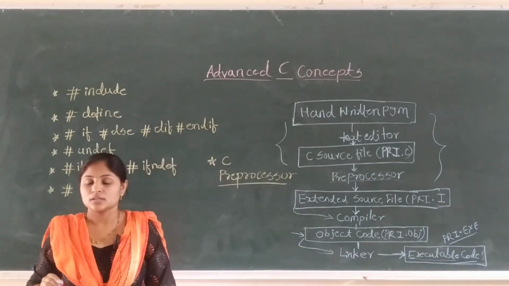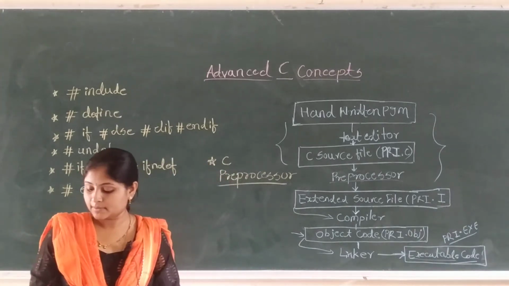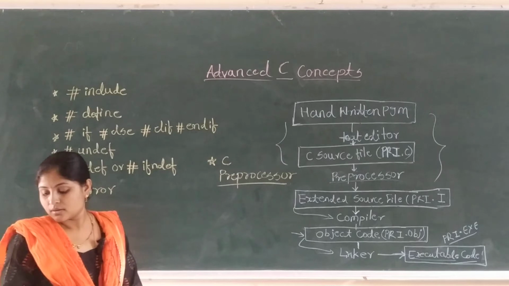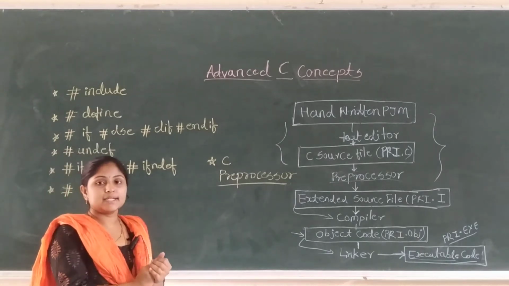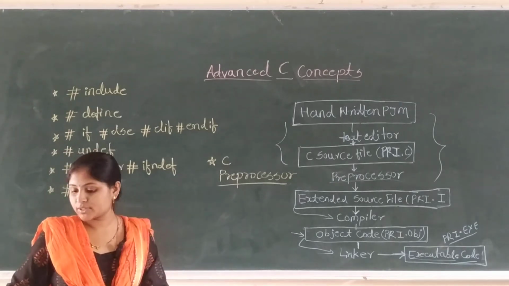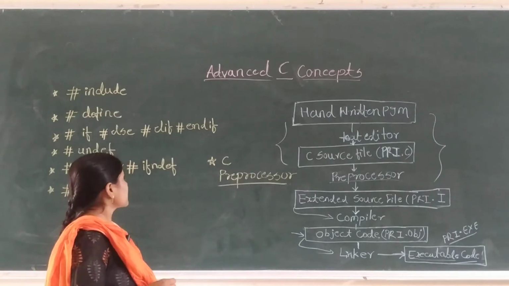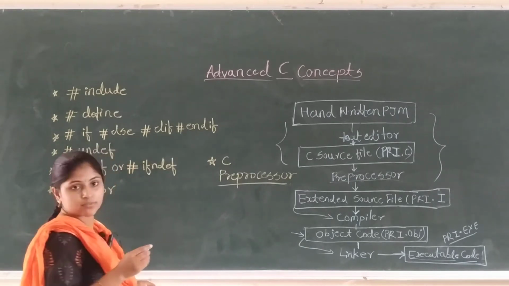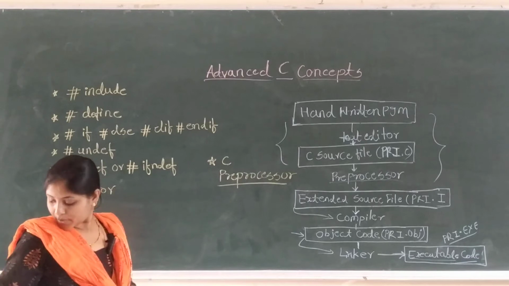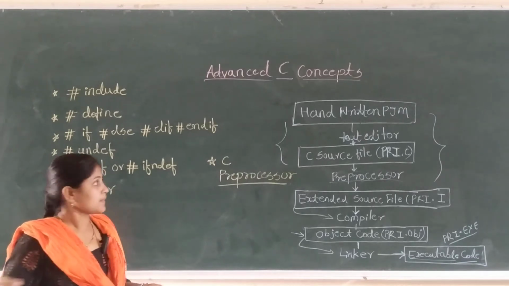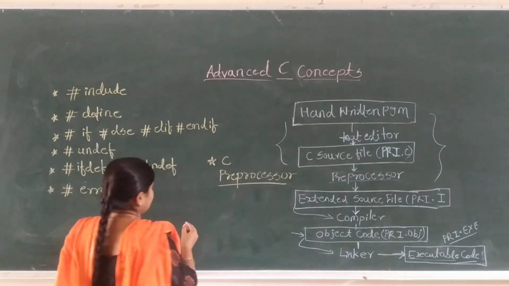Now we will see the list of preprocessor directives, one by one. The preprocessor directives have three types.